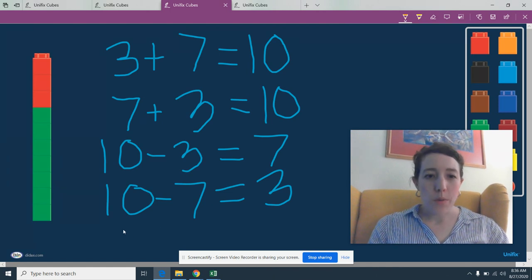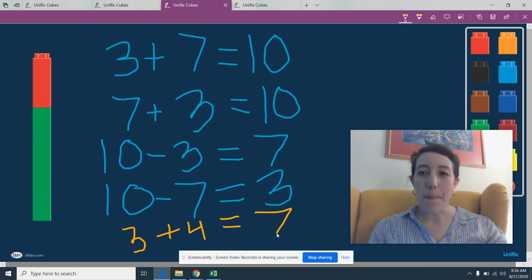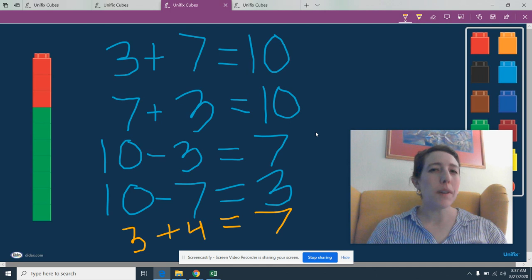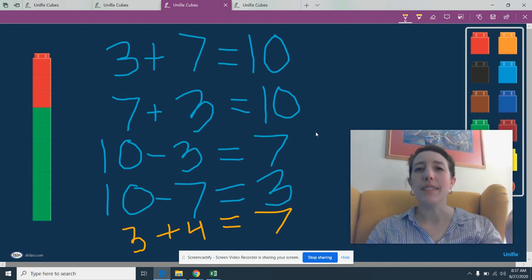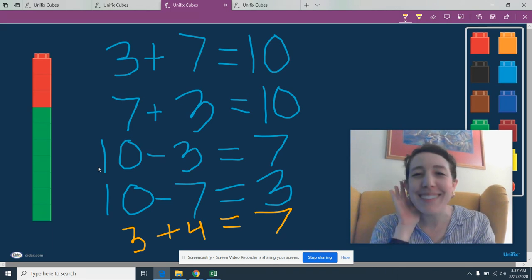I want to know if 3 plus 4 equals 7 matches this problem. Does 3 plus 4 match this problem? You can show me a thumbs up yes or a thumbs down no. Can you explain? Tell me, does it match our Unifix cube over here? I'm listening.